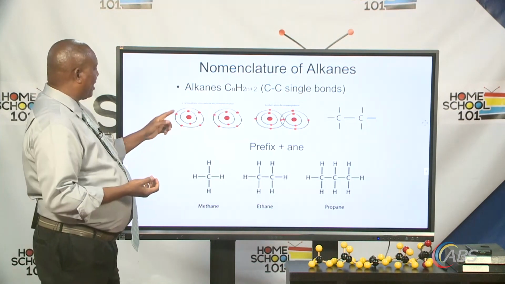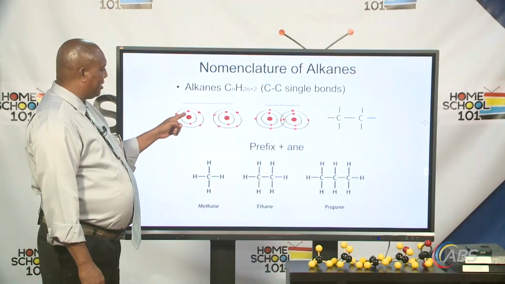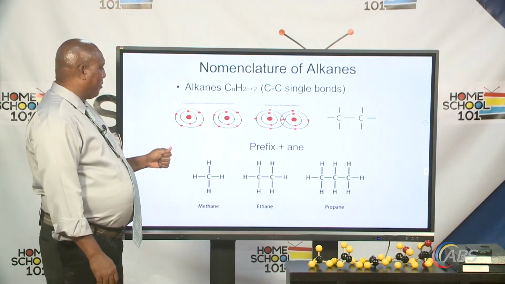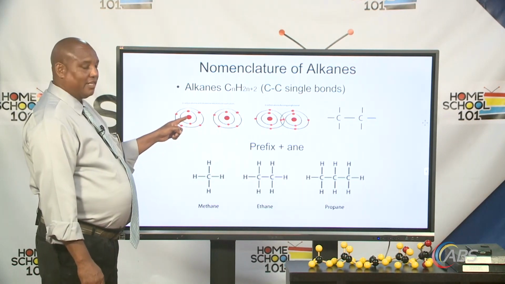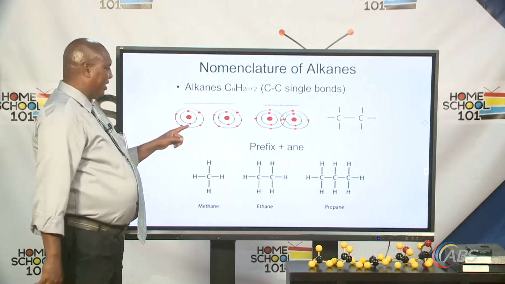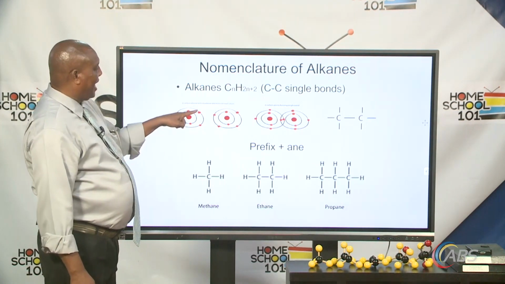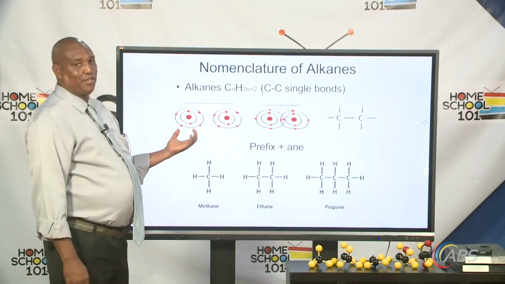Now, if we were to look at an actual carbon atom, here we have a carbon atom. In the center of the carbon atom is what we call the nucleus. We have 6 protons and 6 neutrons. Then in the first electronic shell orbiting around that nucleus, we have 2 electrons, and in the second electronic shell, we have 4 electrons, which gives us a total of 6 electrons.